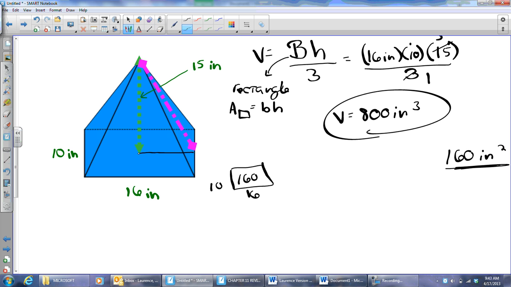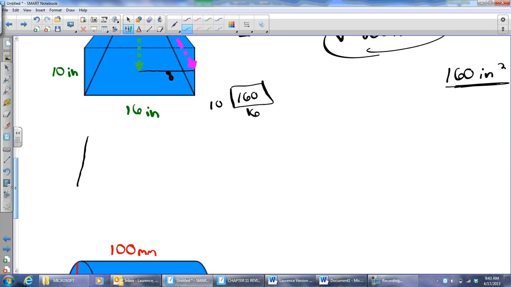This triangle here is 15 by 8, and I'm going to have to figure out x, the slant height of that triangle. I'm not going to do all the work. I am going to tell you I'm going to do the Pythagorean theorem, and I know this is 10, and when I get the height of that triangle, it's going to be 17.